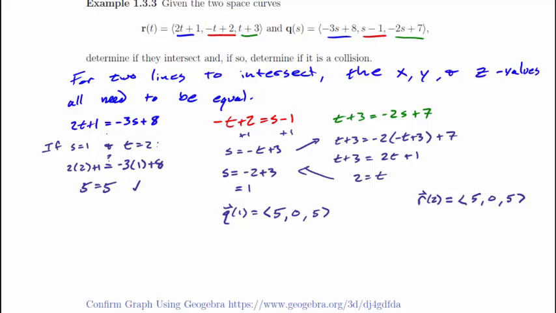Yes, so the x values line up when this s and this t value are used. So they do intersect. They intersect at the point 5, 0, 5.